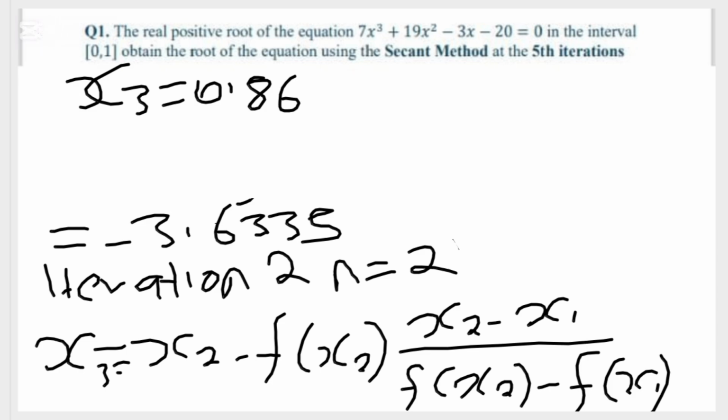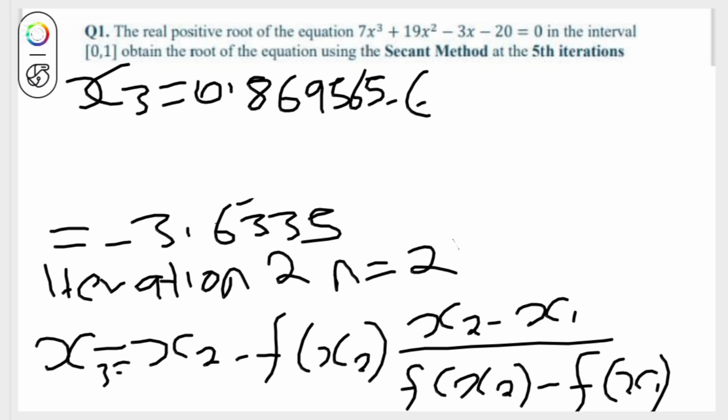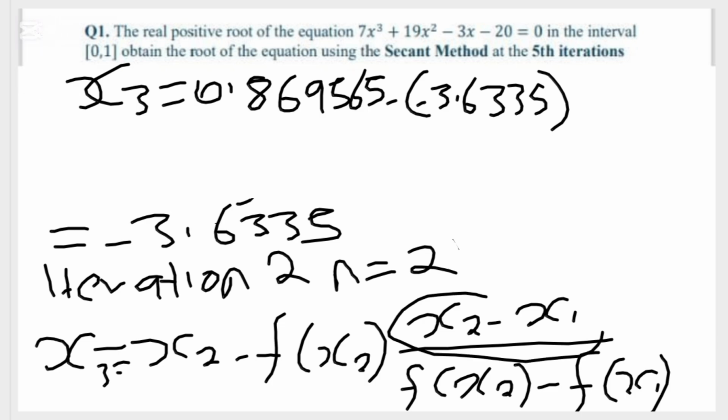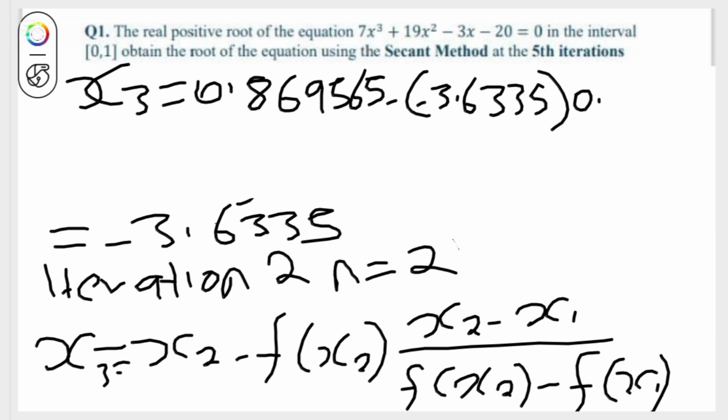As usual, we already found the value of our x2, 0.95665. So I have to subtract the function of x2, which is negative 3.6, and then I have to multiply by this x2 minus x1. So the value of x2, 0.69565, minus 1.